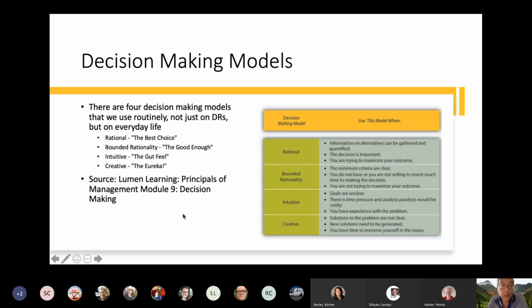So the Lumens Institute discussion talked about there being 4 decision-making models. This is something that maybe we've never labeled. In fact, I haven't fixed labels to them in this case, so it's a little bit more relatable.